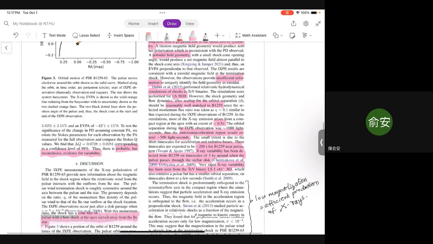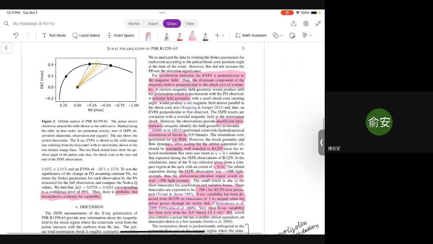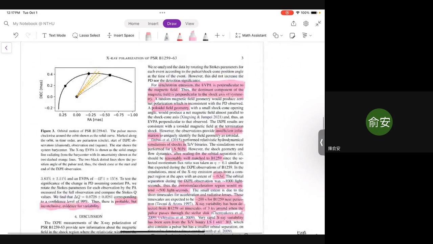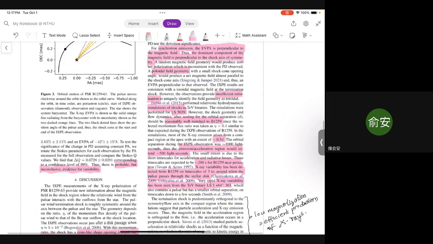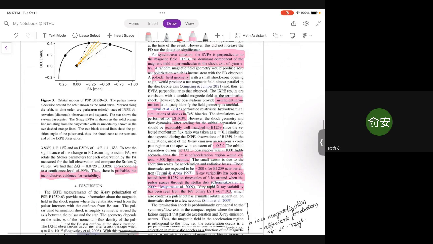That means it looks, in figure 3, like the yellow lines. That's how the bow shock looks. So in figure 3, the circle is periastron, and the diamond and the squares are the places where they measured these observations.